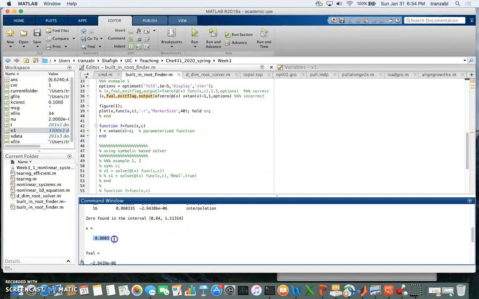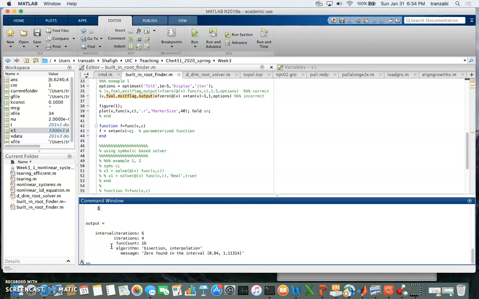So here's the real root, and here's the function evaluated at the root, and exit flag 1 means converged and exiting. Other flags you can Google in Matlab. Let's say fzero exit flag. You see a list of them in Google or in MathWorks help, so you can go ahead and see what each flag means.